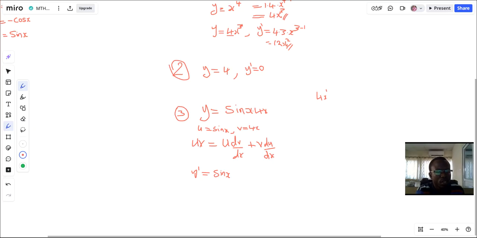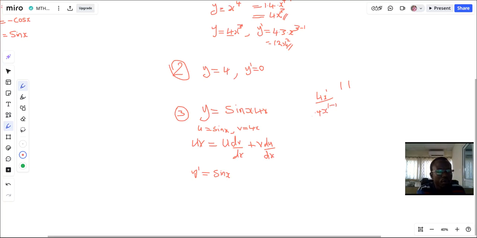The coefficient is 4 and the power is 1, so it's going to be 4x power 1 minus 1.